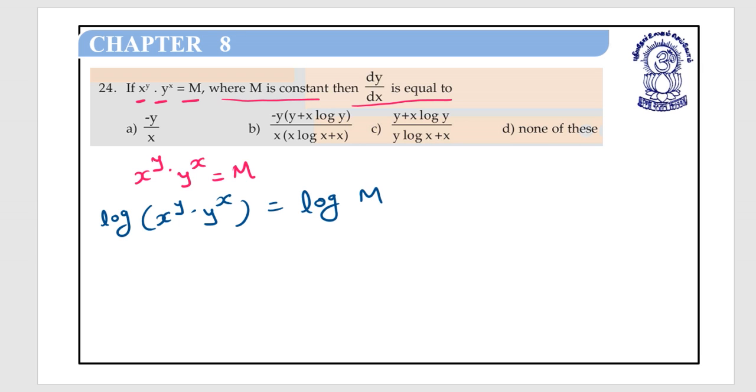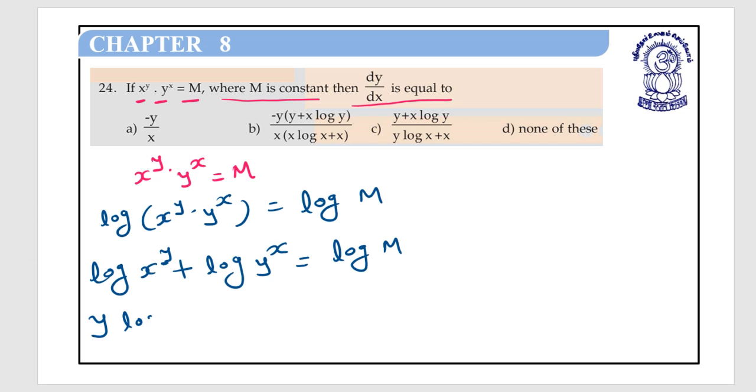Okay, log of a product, so we can write log x raised to y plus log y raised to x is equal to log m. So here, y as a power, we can write y log x plus x log y is equal to log m. Okay, so you can easily differentiate this.